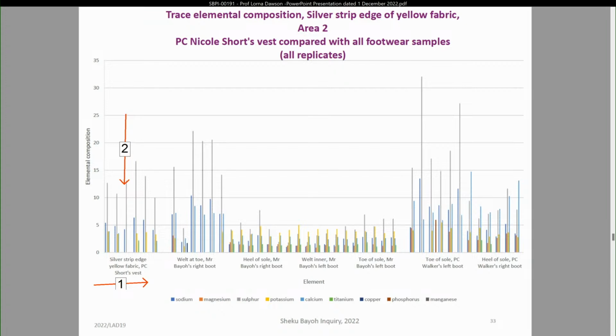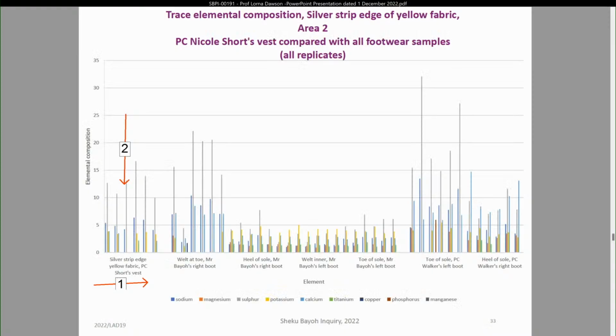It only has representation of the sodium and the sulfur, whereas the other replicates, 1, 2, 4, 5 and 6, are all relatively similar to each other. So apart from that one outlier, as it were, the other replicates are fairly similar to each other. So we can conclude from that it is likely, in general, a single source sample rather than a mixture.